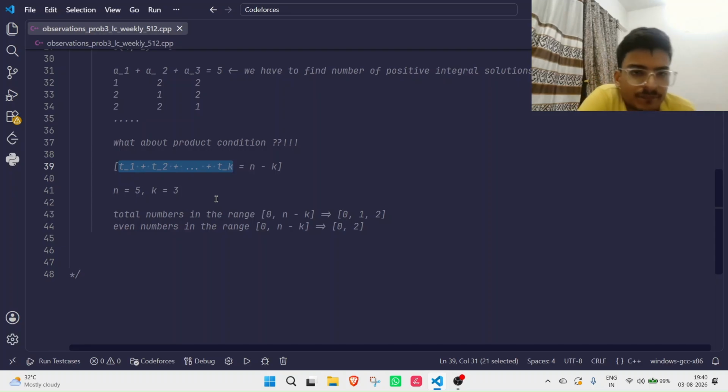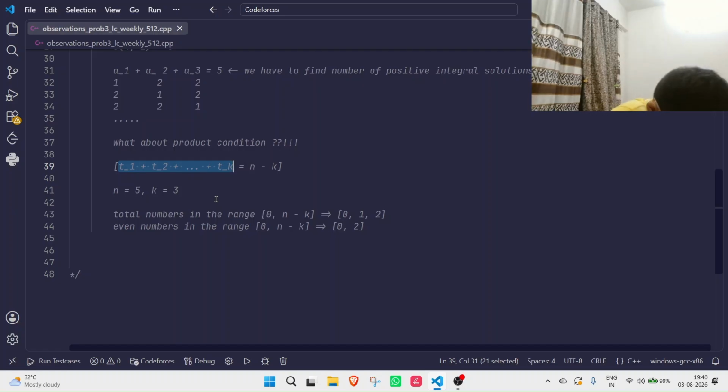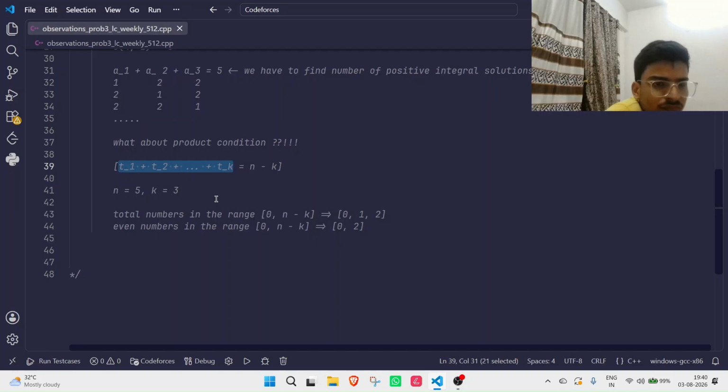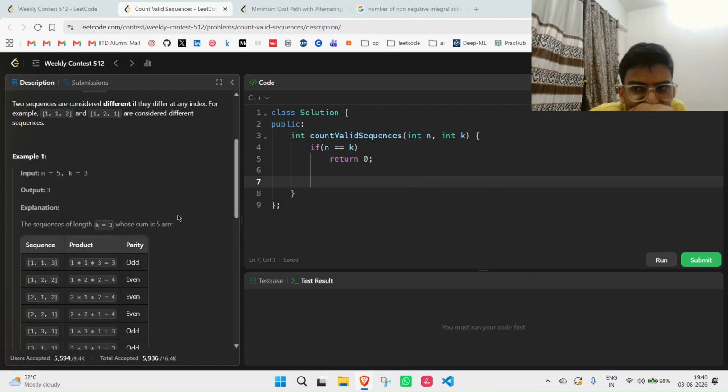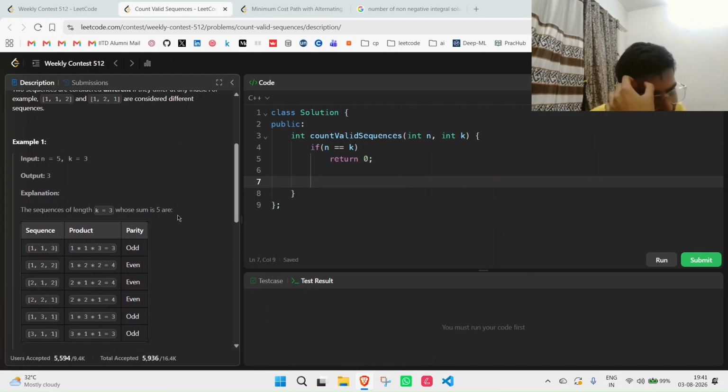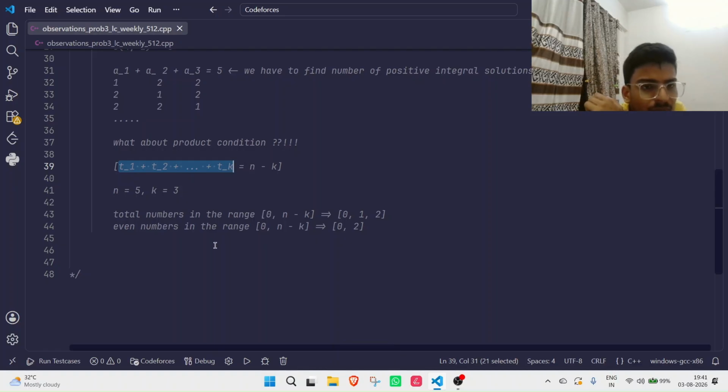Method 6. Probability of having all ones is equal to minus 2.